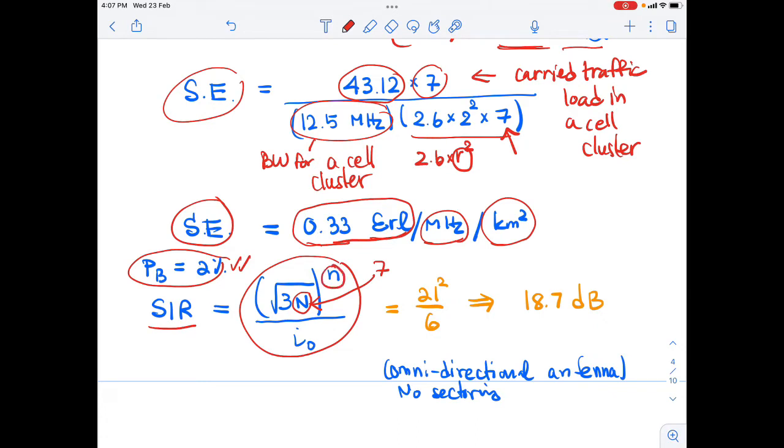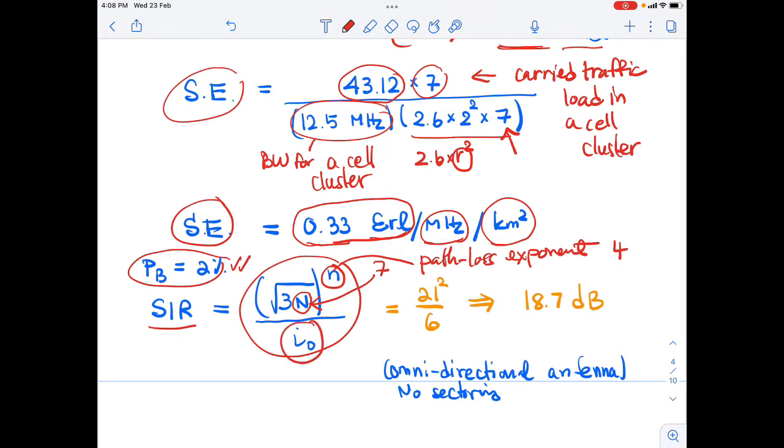This small n is the path loss exponent. We'll assume this is in a dense area, for example in a city, so the path loss exponent is going to be toward a higher number, so we assume that this is equal to 4.